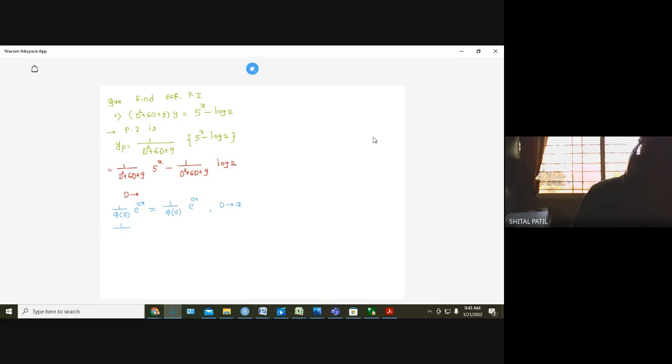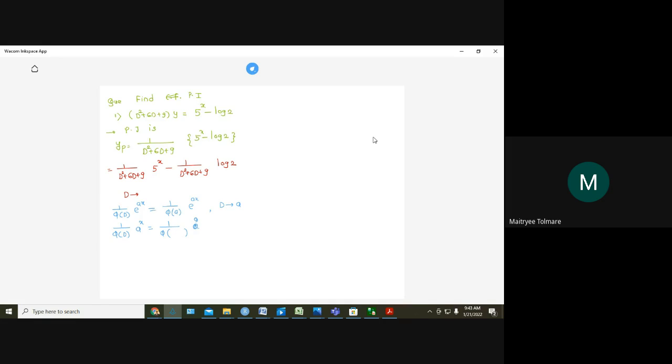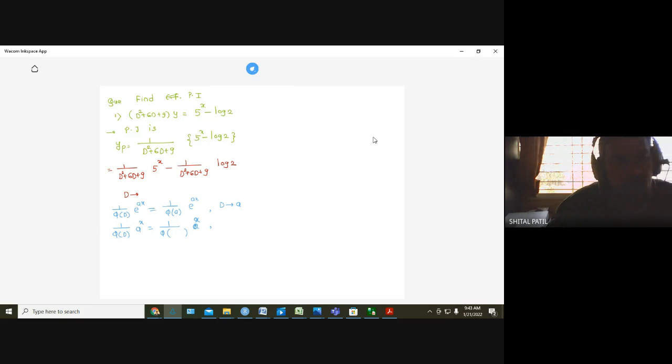Now suppose 1 upon phi of d operated on a raised to x. Now what should be done? 1 upon phi of, yes. D should be replaced by a. No, I told you the formulas. Log a, sir.